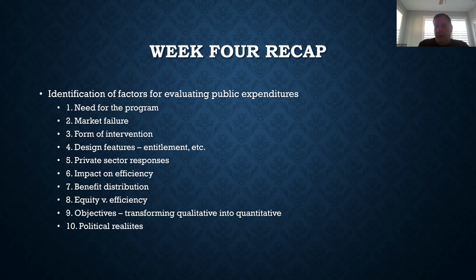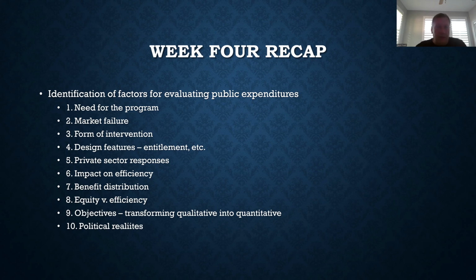Another aspect of this political realities argument is the idea of expectancy theory that we talked about a couple of videos back, where government will respond to a crisis by intervening in the economy. And then once that crisis is over, government will continue that intervention because people have come to expect that it's something that is done by government.